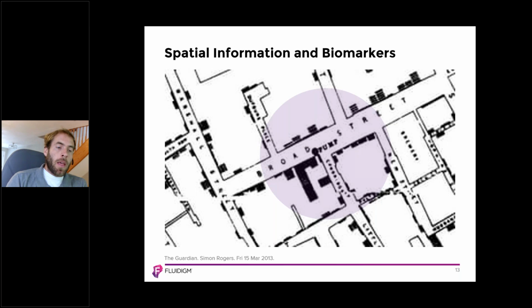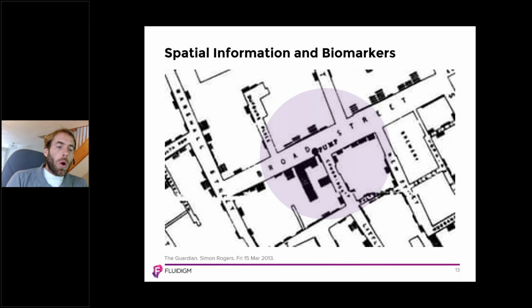And a historical example of why spatial information is important that I like to talk about actually goes back to 1854 in London. This was before they understood the germ theory, and there happened to be a cholera outbreak going on. If you look at a cholera outbreak in London, you could record the number of cases, the number of deaths, a lot of different numbers.